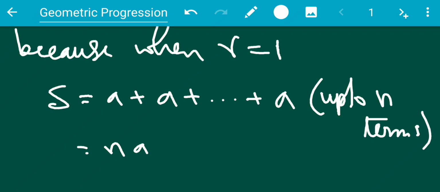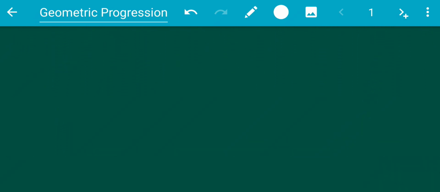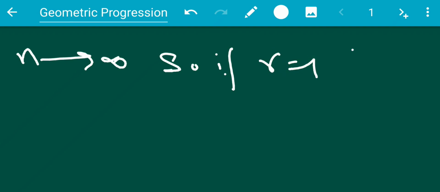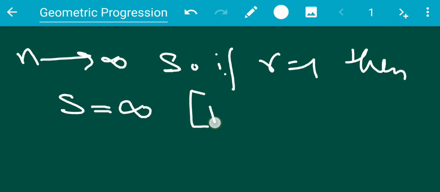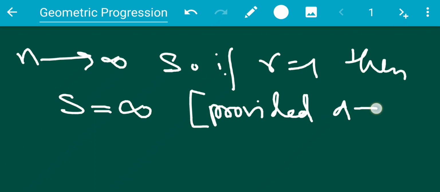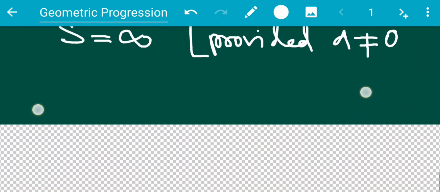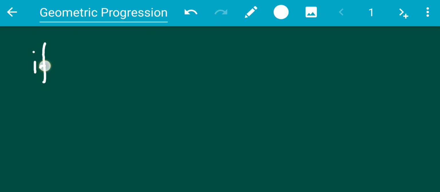Okay, now for the infinite geometric series, n tends to infinity. If r is equal to 1, then obviously the sum is infinite, provided a is not equal to 0, which is certainly so for a series, because if a equals 0, then we only have 0, 0, 0, 0. Now suppose the modulus of r is less than 1, so r is a quantity less than 1.